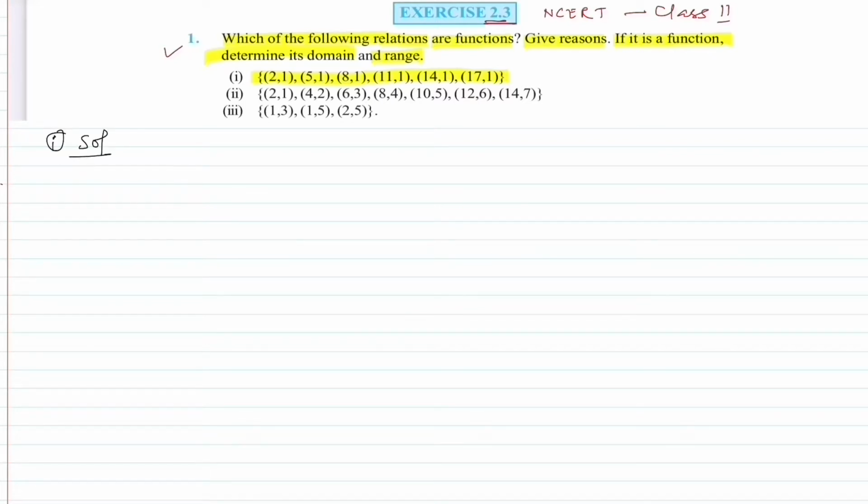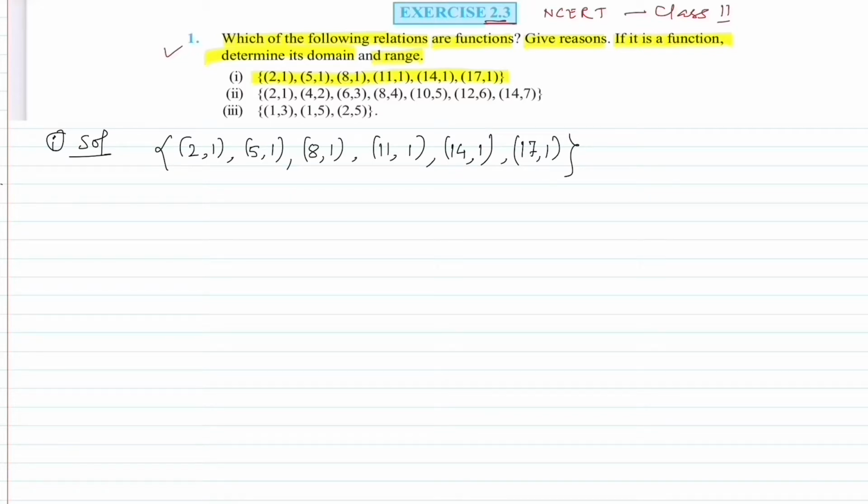Solution of the first one. It contains ordered pairs (2, 1), (5, 1), (8, 1), (11, 1), (14, 1), (17, 1). Okay, so this is the relation.